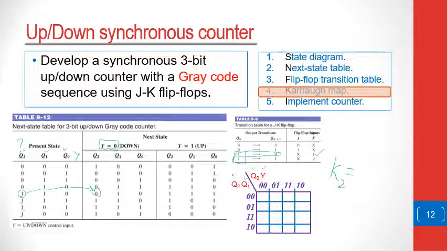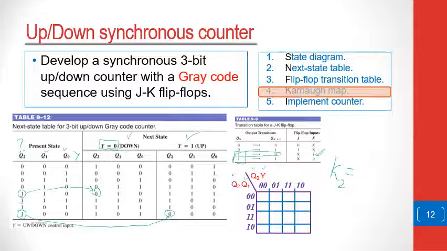And also here, we see that the state changes from 1 to 0 in the case of an up count. Remember, this portion is for the down count, this one is for the up count only. So we have 2 cases where the transition is from 1 to 0, which means the K input corresponding to that has to be 1.